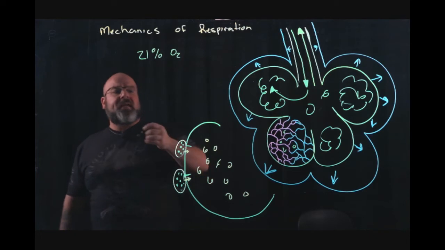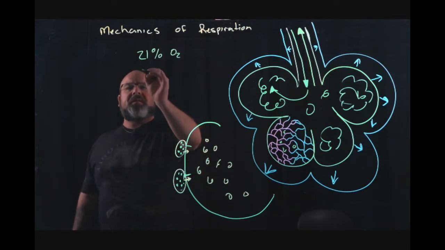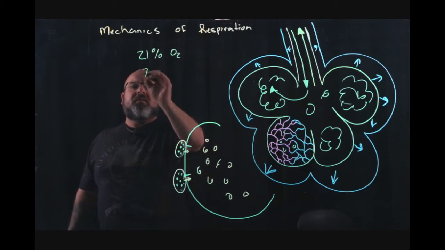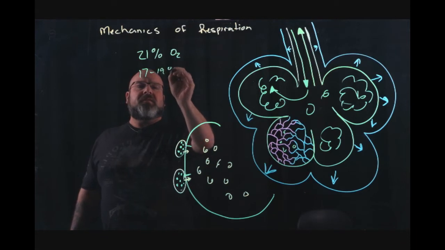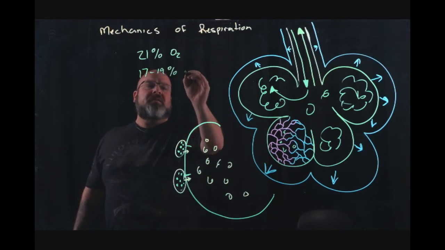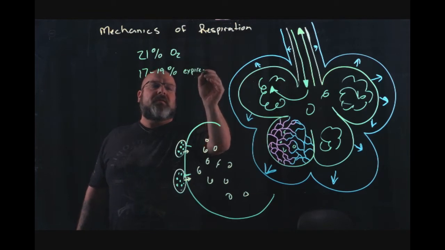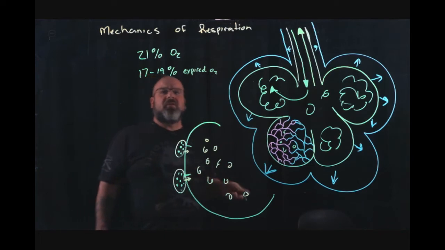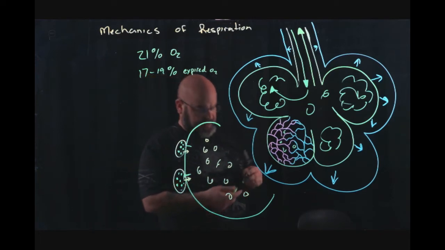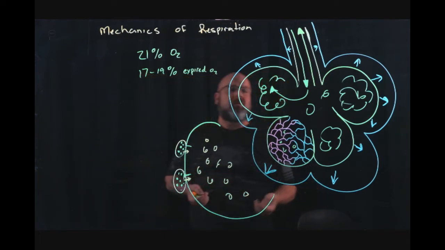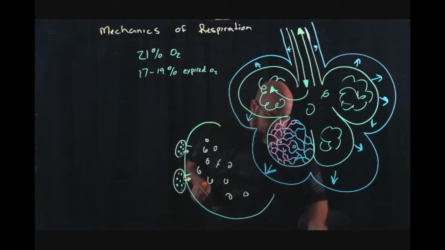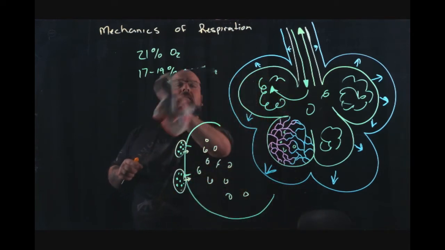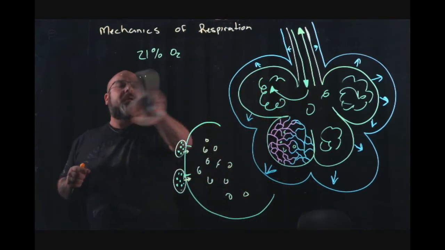And when we exhale, under normal circumstances, we're between 17 and 19% expired O2. So we're using 2 to 3% of the oxygen that we inhale. So that'll be important later.